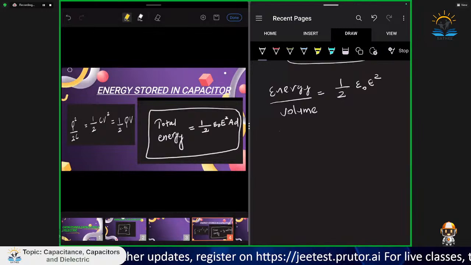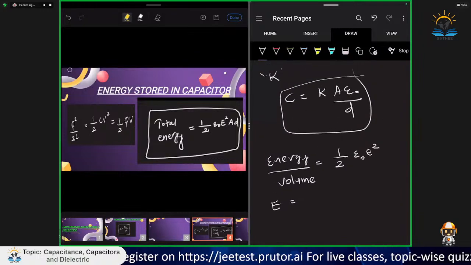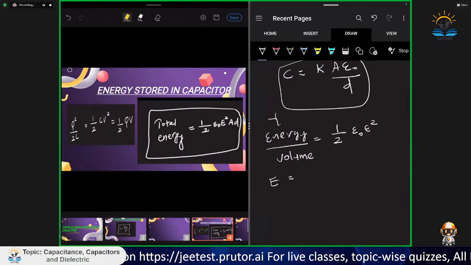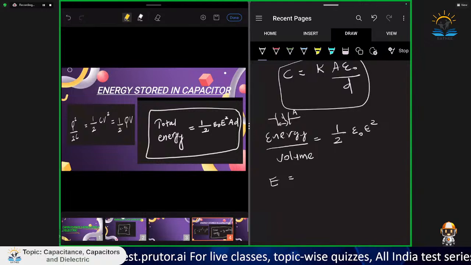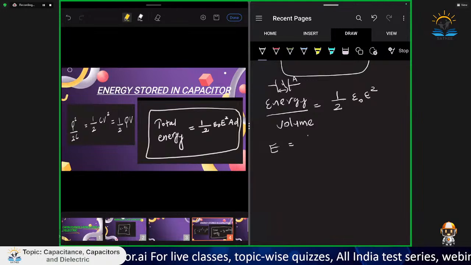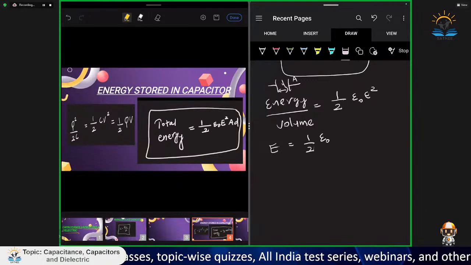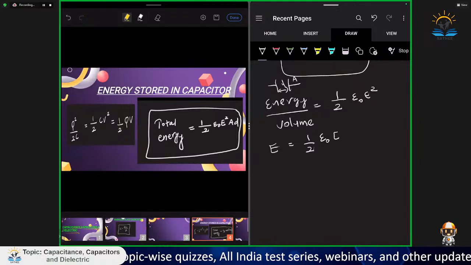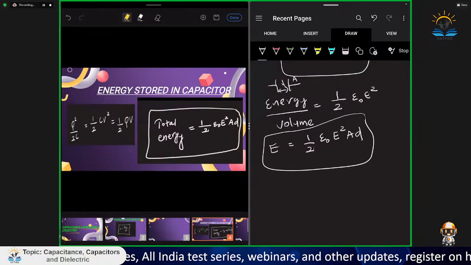And the volume here is A into d, for a parallel plate capacitor, since the area is A and the distance between the plates is d. So the volume will be A d. So the energy will be half epsilon E square A d. This will be the total energy.